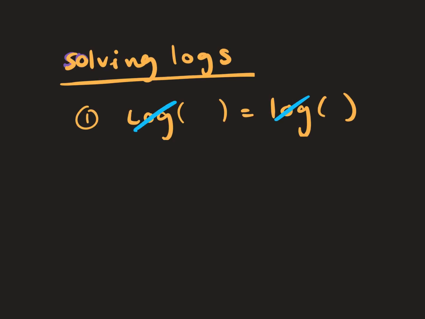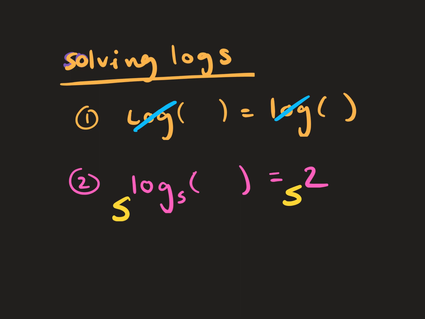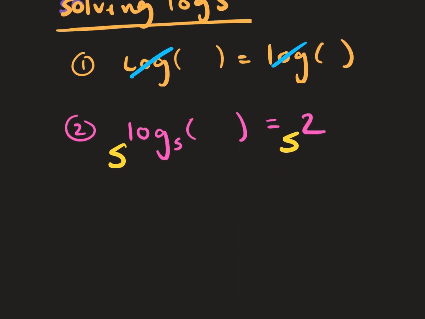Cancel out the logs. The next type is, let's say we had just one log, so log base 5 is equal to a number. What would I do here? Make the big base 5. We make the big base whatever the little base is. We got to do it on both sides.